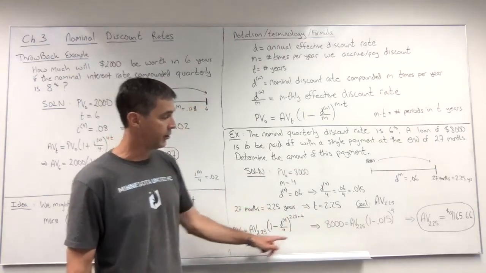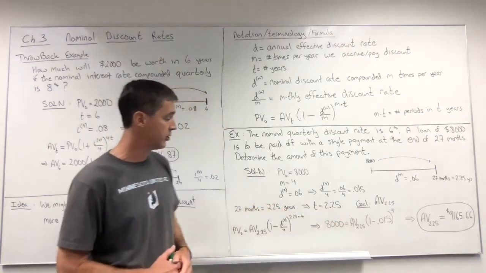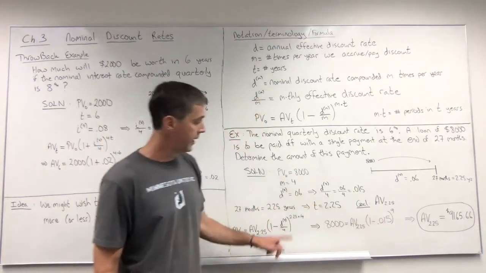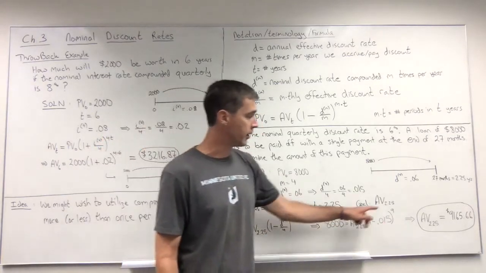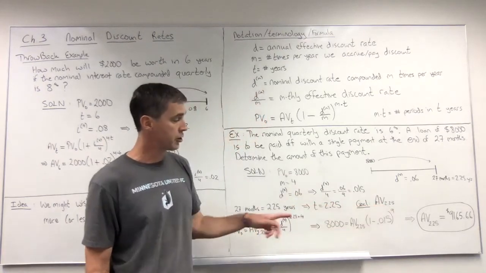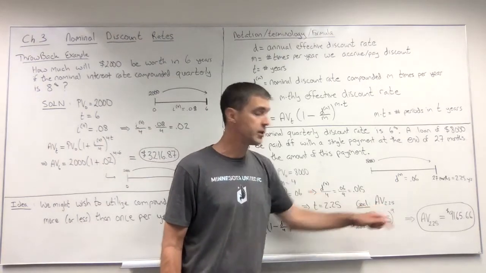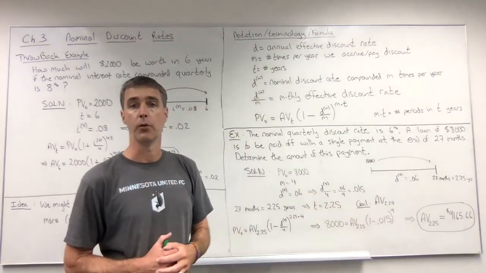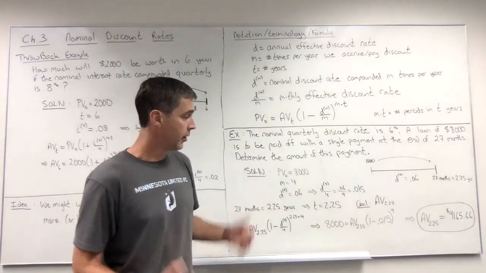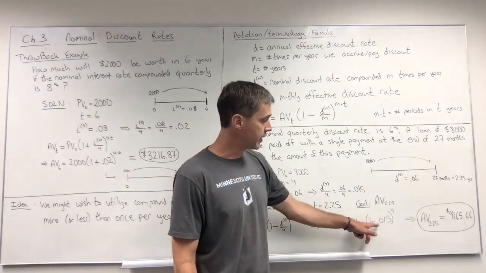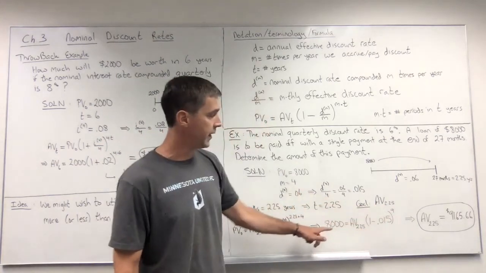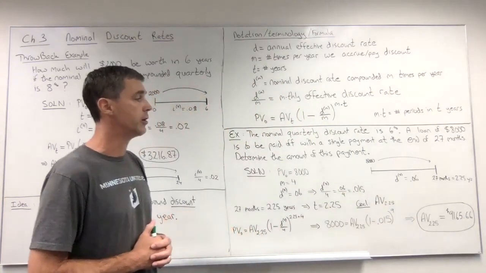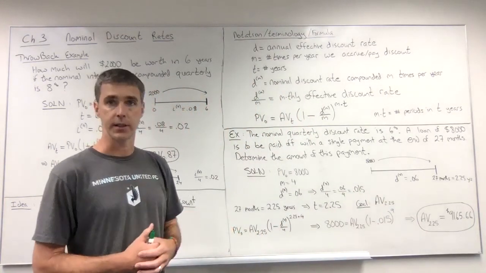The accumulated value is what I don't know, but would like to. The quarterly effective discount rate is 0.015, and 2.25 times 4 is 9. So I'm pushing this money 9 quarters into the future with a quarterly effective discount rate of 1.5%. I can divide 8,000 by (1 minus 0.015) to the 9th, and I crank out that the accumulated value is $9,165.66.